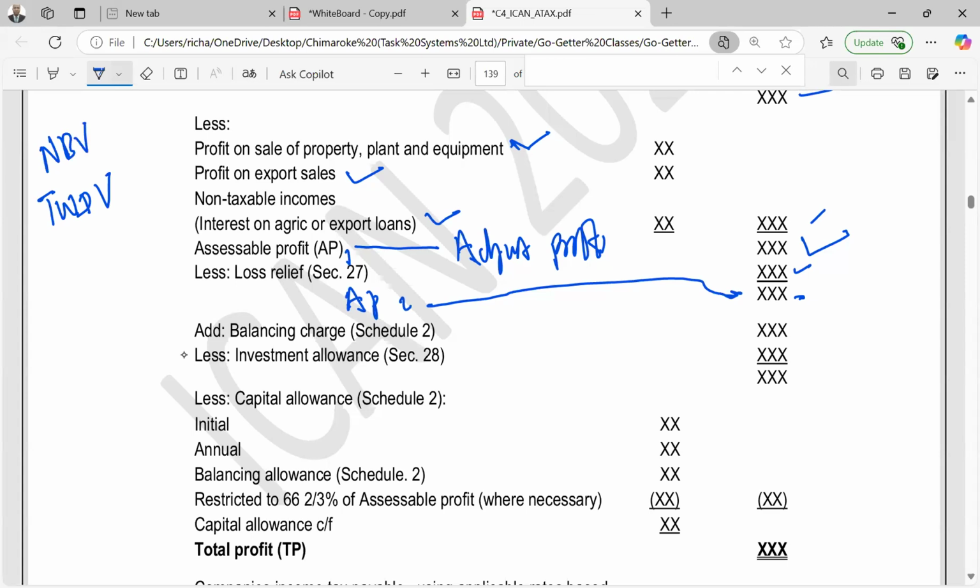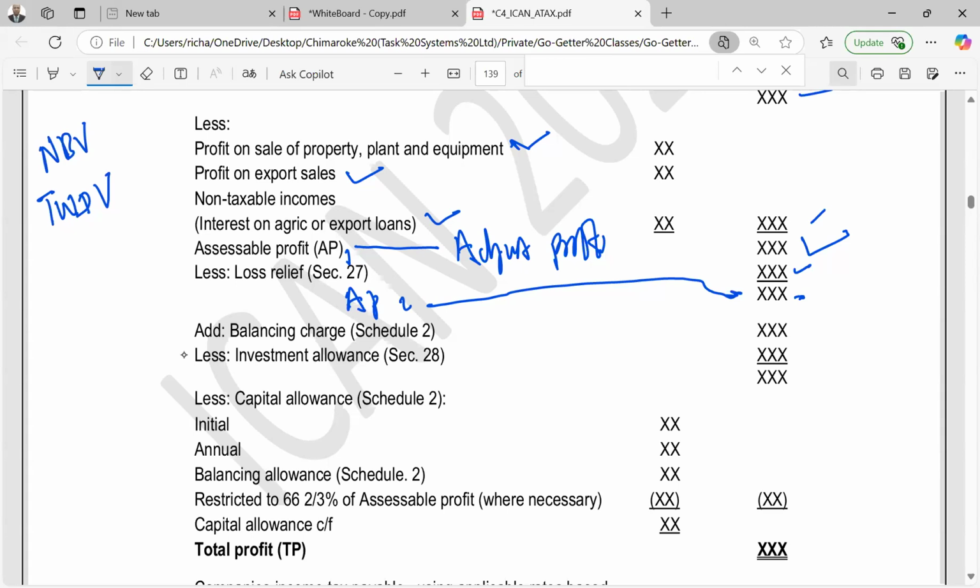So normally, when you are depreciating your assets, let's say you have the asset at 1 million naira, and you keep depreciating, and you get 200,000. That's net book value.